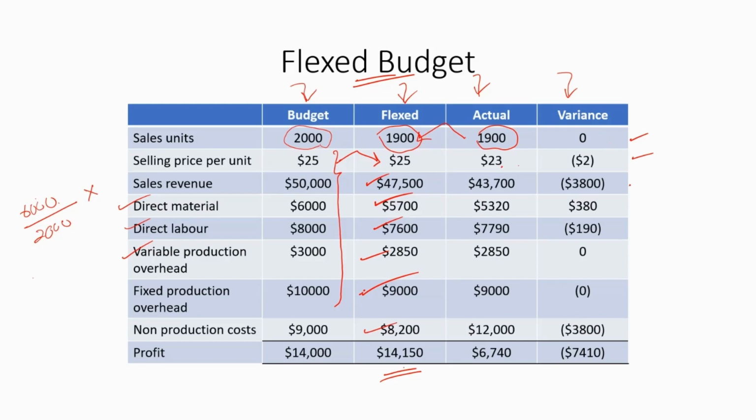Sales revenue is negative 3800. Direct material variance is 380. Direct labor is negative 190. These two variances are 0. This means there is no difference between these values. And ultimately we can calculate the difference between the flex profit and the actual profit, which is 7410.